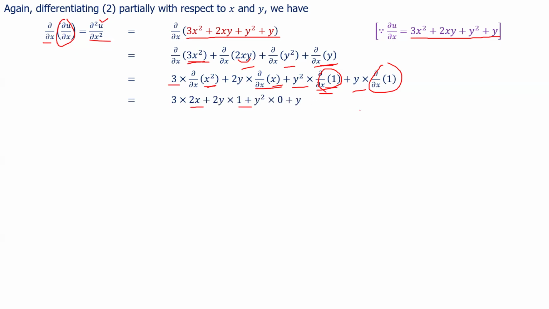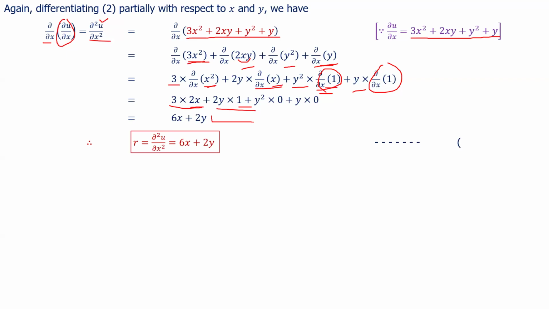And the last 2 terms become 0. So we have 3 into 2x is 6x plus 2y. This is the second order partial derivative of u with respect to x square. This is represented by r, and its value is 6x plus 2y in this example.